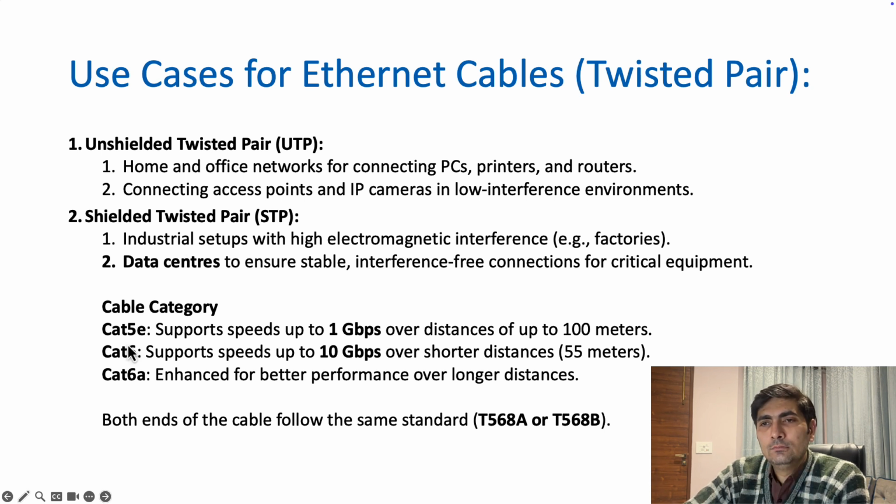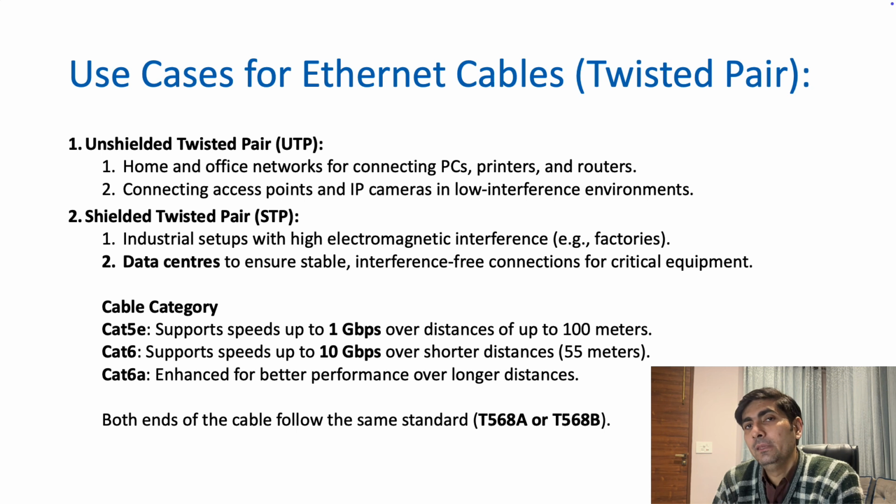There are 3 categories which I've listed. I have not listed Cat 5, which used to be in 2005. Cat 5 was mainly for transferring up to 100 Mbps of traffic per second.